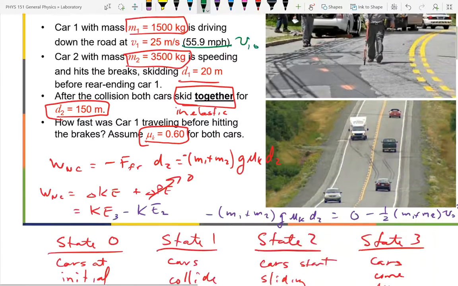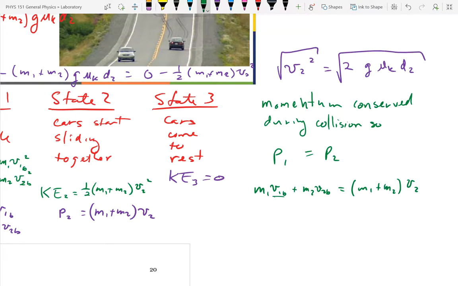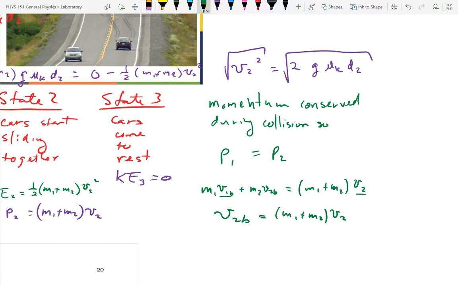Yep, that's right. So we know V1B and we know V2, so we use this to find V2B. And now we have an equation to give us the speed of car 2 just before the collision.